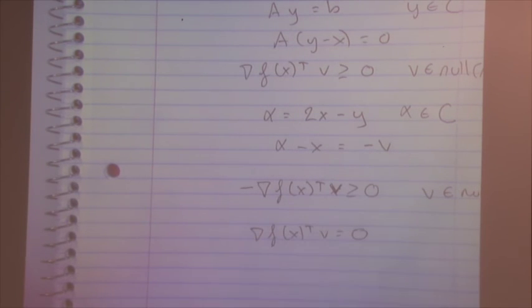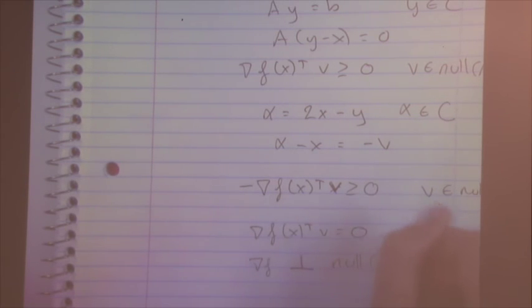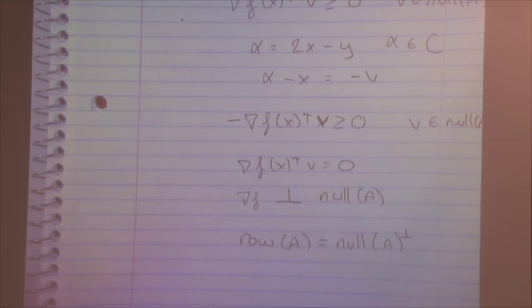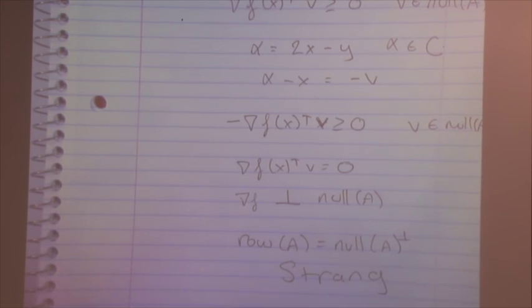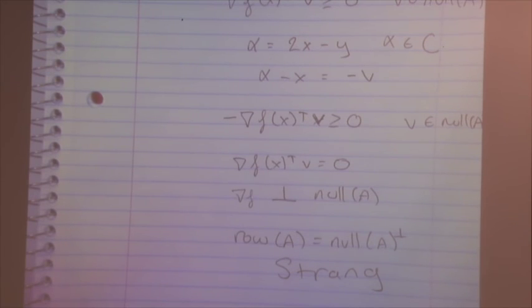And that means that my gradient is perpendicular, or orthogonal, to every element of the null space of A. And that's actually how we define the row space of A, or one of the ways you can define the row space of A. If that is super unfamiliar and surprising, I'm going to suggest that you look at Zico Kolter's linear algebra videos, or even Gilbert Strang has a really awesome series of lectures that should be up on MIT's website. Did that feel better? That felt better for me also.